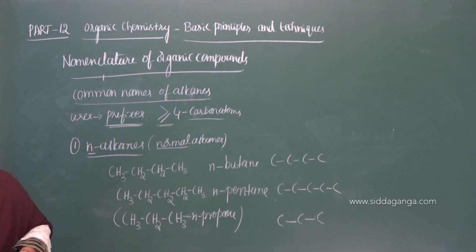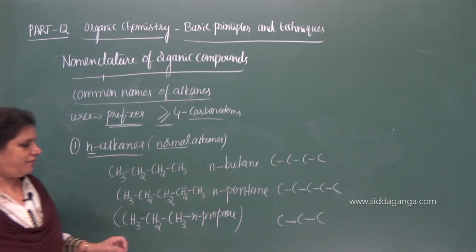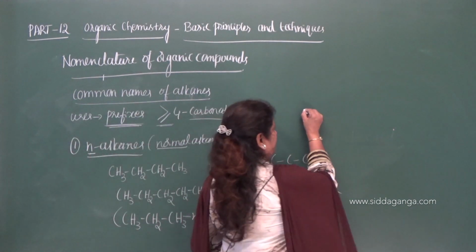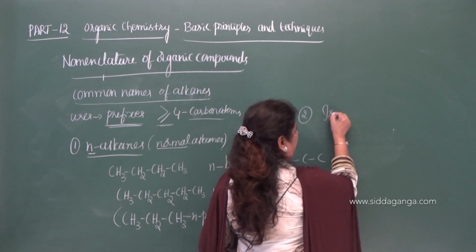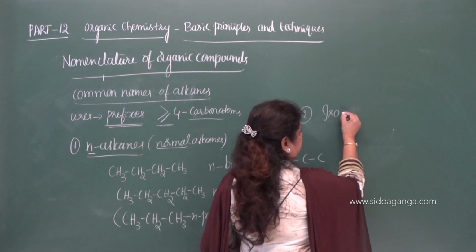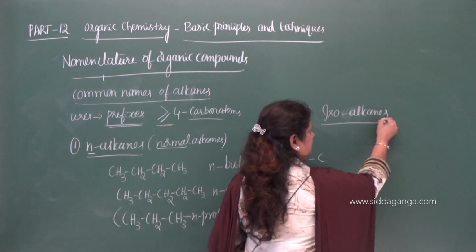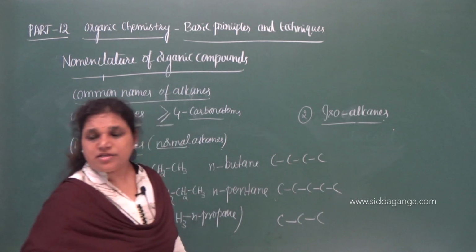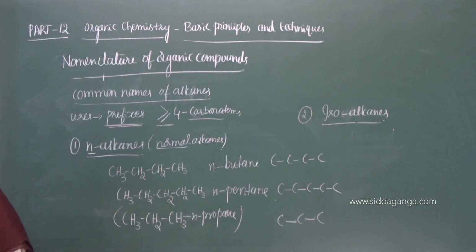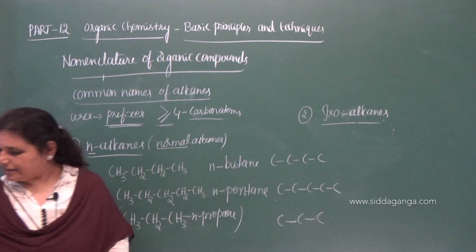Okay, now let us move on to the second type of alkanes here. The second one is isoalkanes. So what do you mean by isoalkanes? Let me give the example for isoalkanes here.